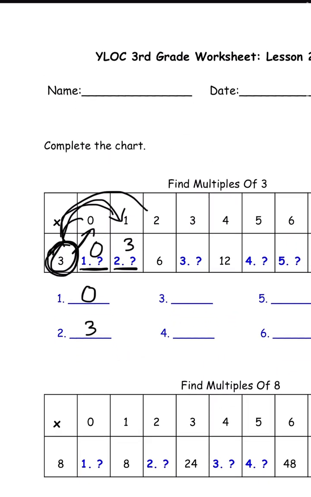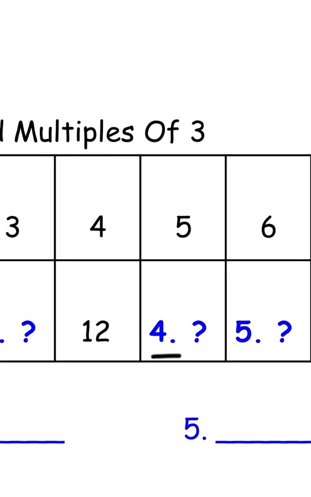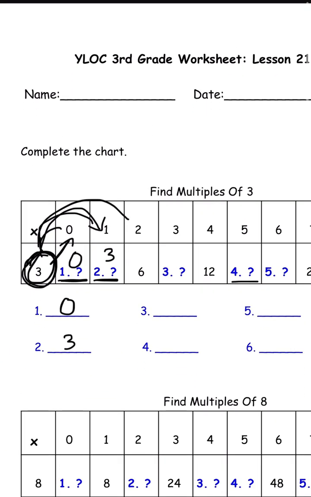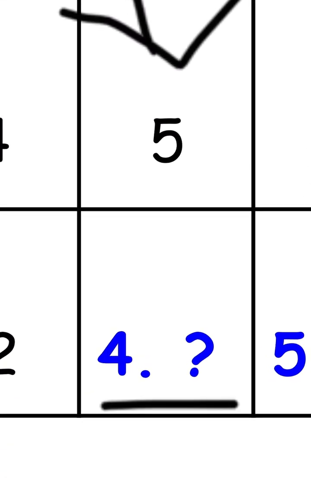Let's look at number 4. For number 4, we need to multiply 3 and 5. So 3 times 5 is going to be 15.